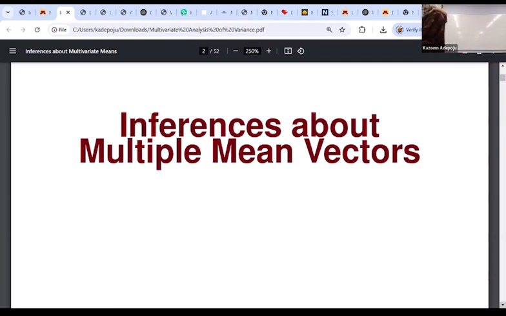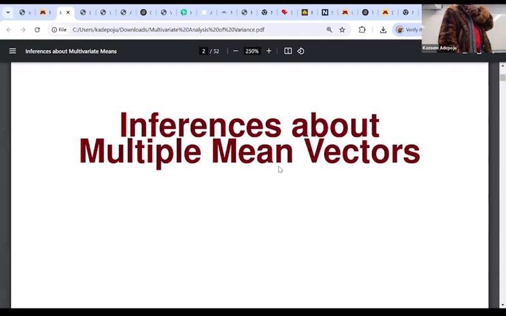Today, away from a single vector, we want to move into situations where we no longer have a single group, but two groups. The focus today will be on two groups, while the focus on Friday will be on more than two groups. You can see the way it is structured.